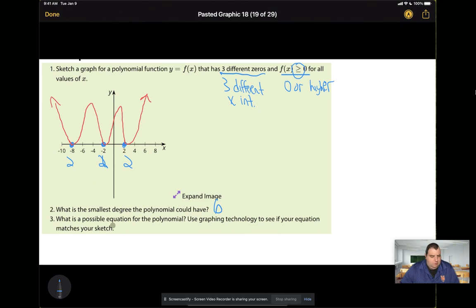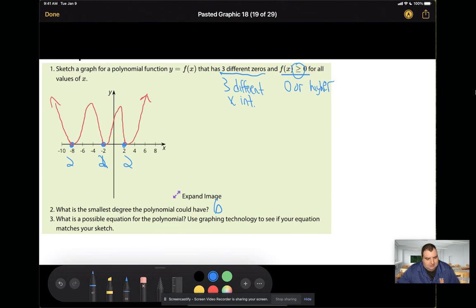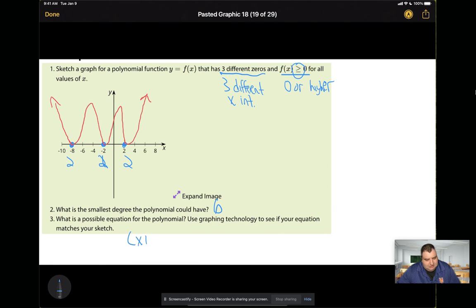Number 3, what is a possible equation for this polynomial? Use graphing technology to see if your equation matches your sketch. So let's first look at my x-intercepts. My first x-intercept here was -8. So if my x-intercept is -8, we've learned in the past that the corresponding factor would have to be x plus 8, because we have to switch the sign. So for -2, my corresponding factor would be x plus 2.